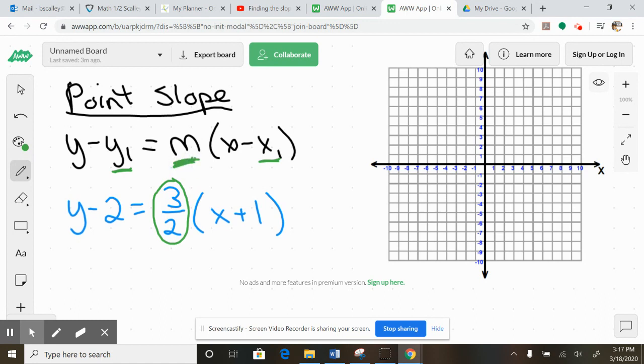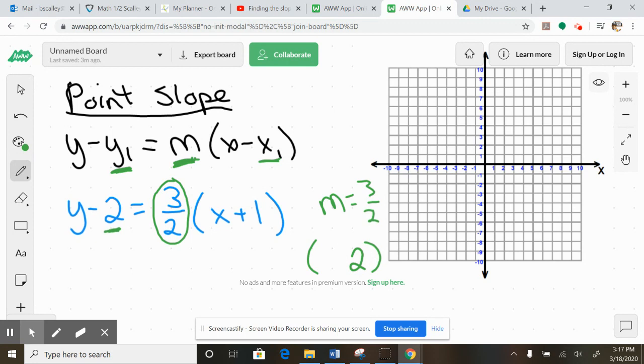So I know my slope is 3 over 2. That's going to be important. Now, what I can also see is right now in the y1 position, because it's usually y minus y1, I have y minus 2. So y1 is 2. So I know my y coordinate is going to be 2.